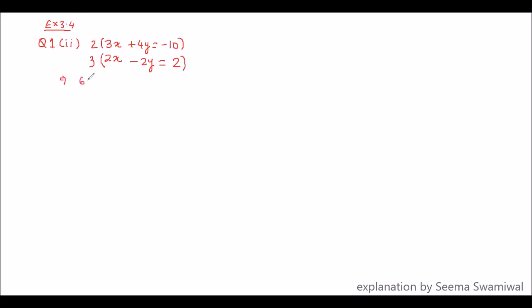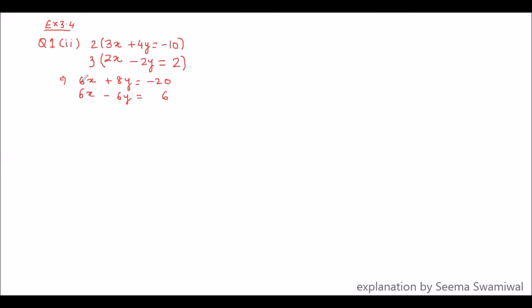This will become 6x plus 8y is equal to minus 20. And the second equation will become 6x minus 6y is equal to 6. Now, see the signs.